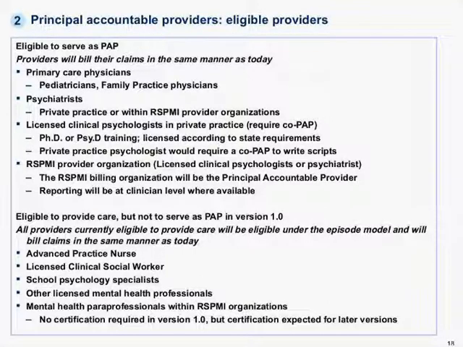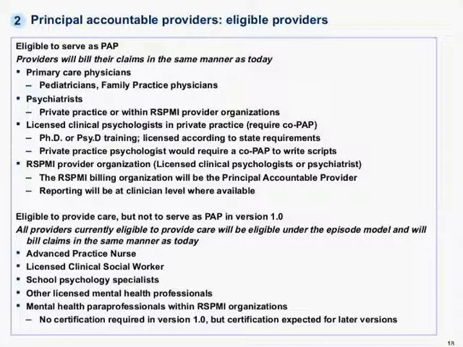Those who are eligible to provide care but cannot serve as a PAP in this first current version are advanced practice nurses, licensed clinical social workers, school psychology specialists, other licensed mental health professionals, and mental health paraprofessionals within RSPMI organizations.